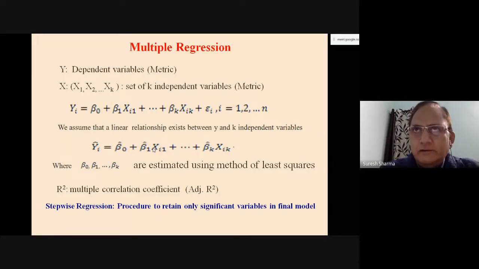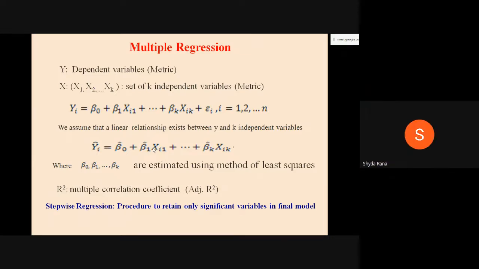You can apply, provided your y and x both satisfy the assumption of normality. You look at the shape of the histogram of y and the histogram of x. If they are almost normal, you can apply multiple regression. There is no harm. Thank you, sir.